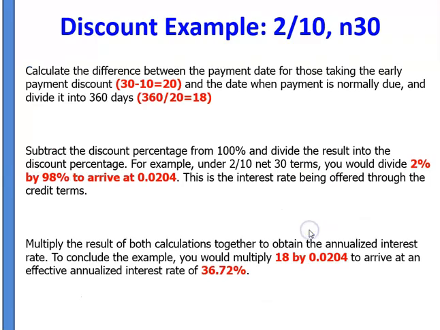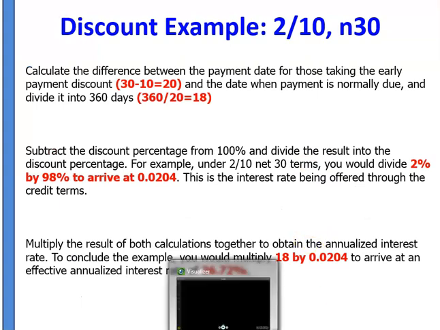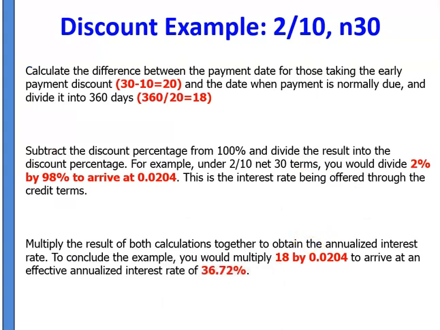So let's look at what happens. I don't want to bore you with all the math here, but what we have is an example of what we call implicit interest. Okay, and so if we do not take the discount, with the previous example, we take the 30 days when the bill is due and subtract 10 from that, that's the discount period, and we come up with 20.